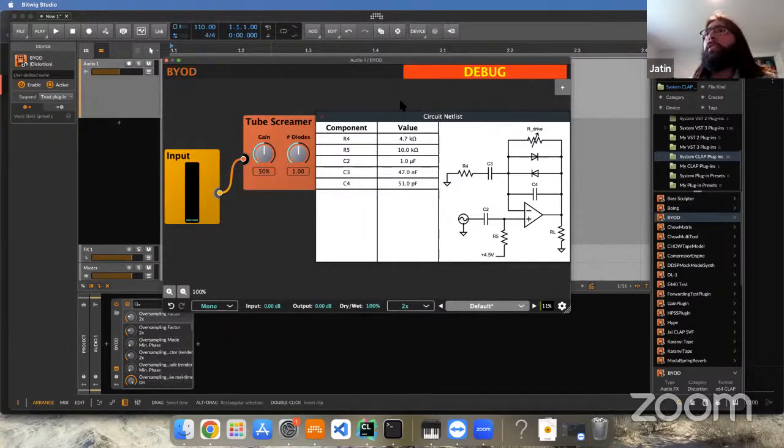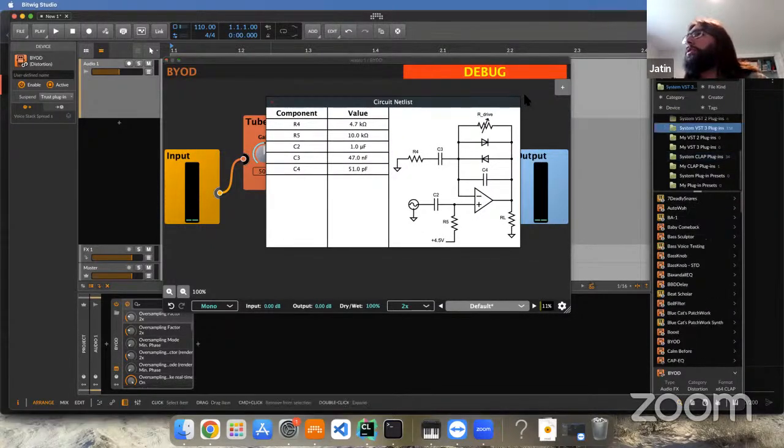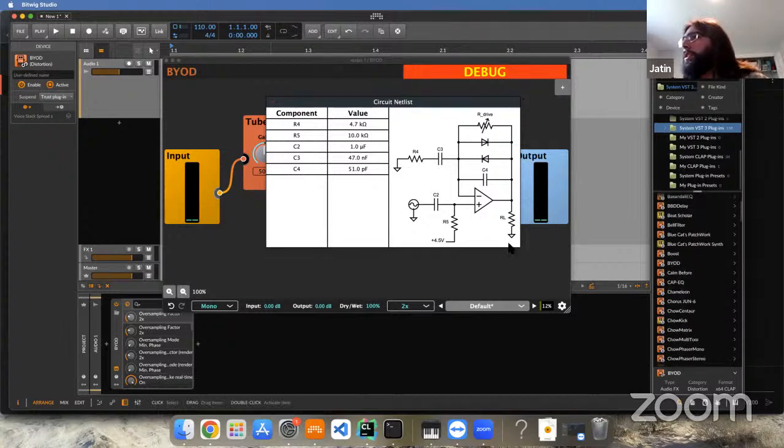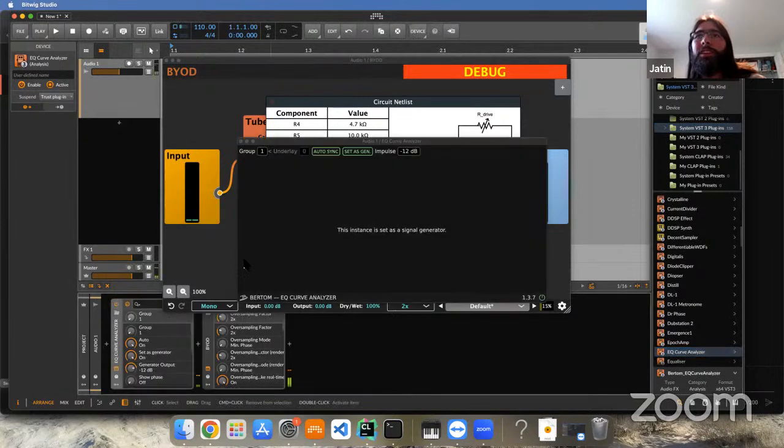So at the moment, we don't have a way to edit that resistor, but all of the other basic components, all the other resistors and capacitors, we can edit no problem. And just go ahead and change the value to whatever we want. And let's make sure that this is still working. It was working the other day, but I've changed some things since then, so who knows.